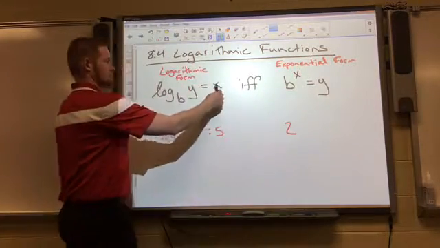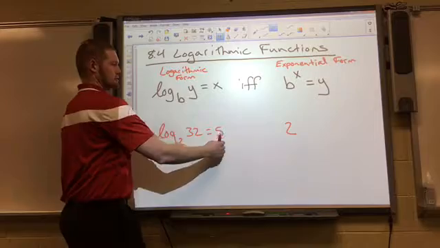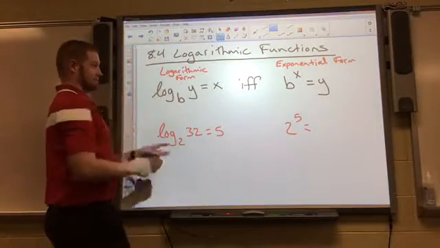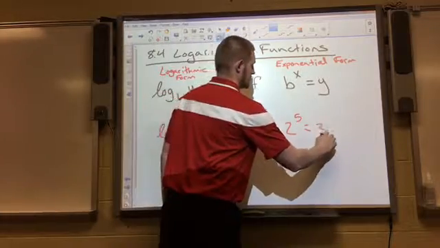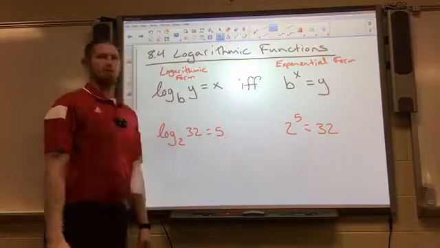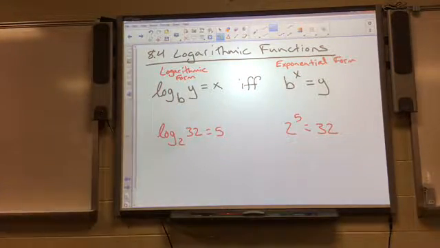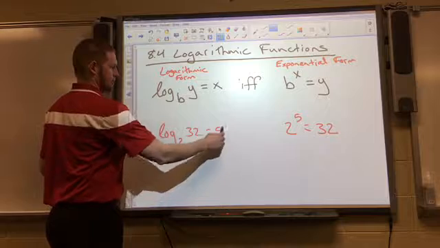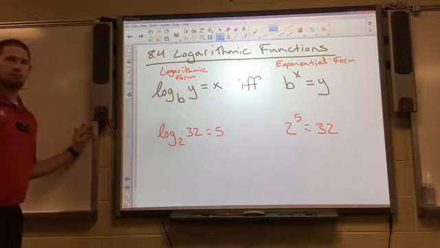X is over here by itself, so it is 5. And y is 32. Does anybody know what 2 to the 5th power is? It's 32. Okay. So you can look here, 2 to the 5th power equals 32.